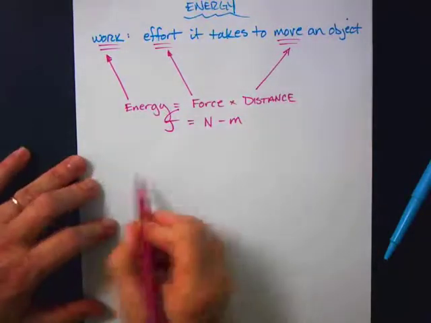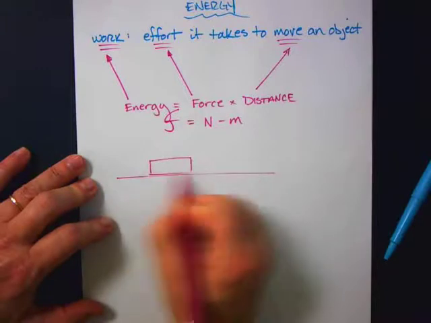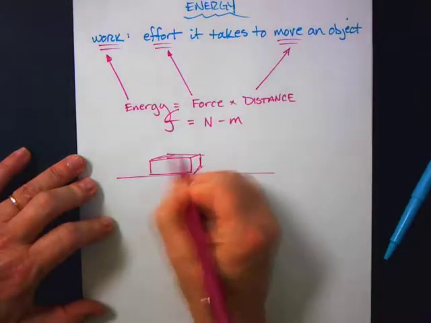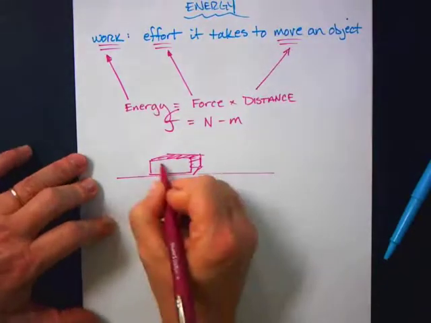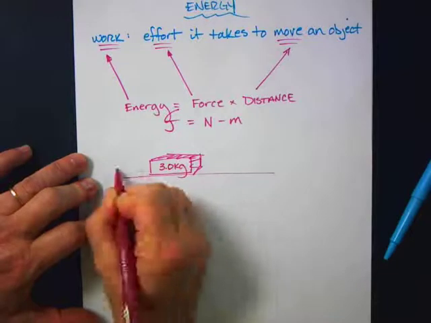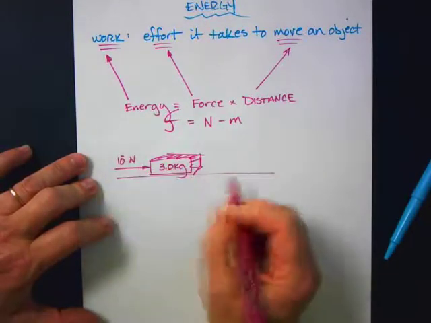So let's say we have our block sitting on our table, and let's say that it has a mass of 3 kilograms. And we push that block with 10 newtons of force.